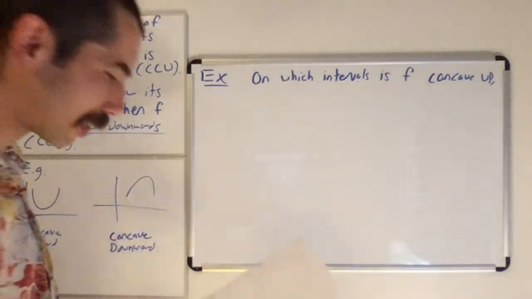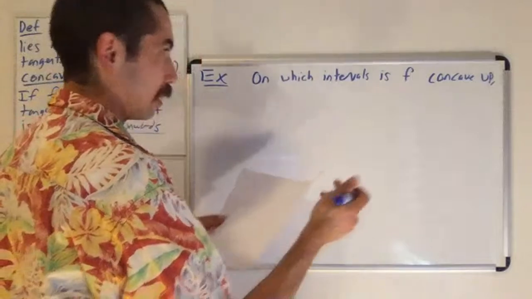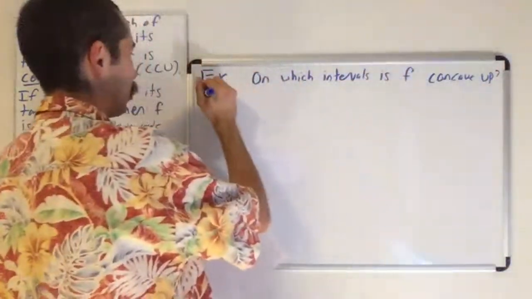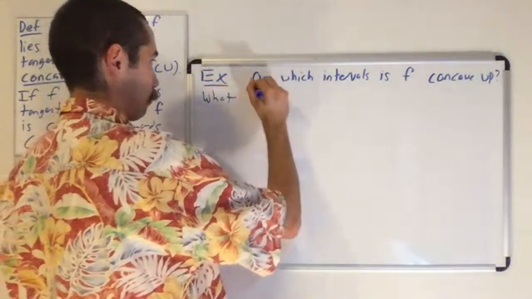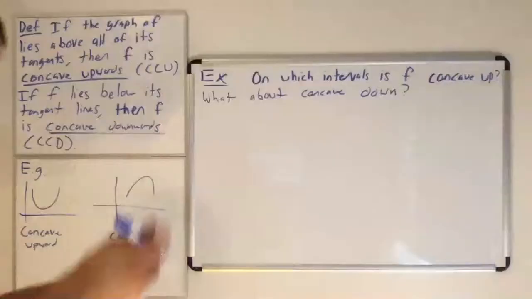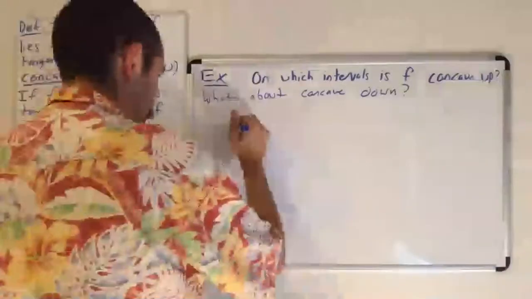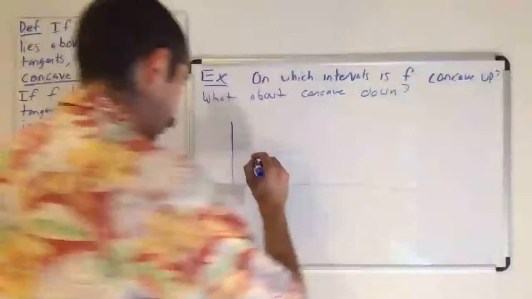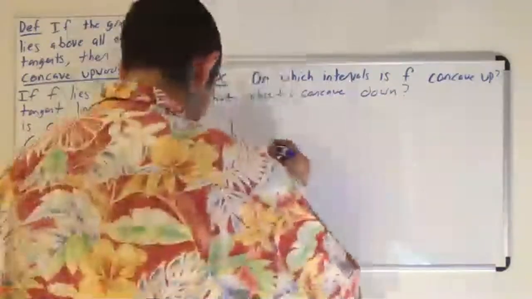It doesn't really matter. And then what about concave down? Okay, so that's going to be the question. I'll sketch out the graph. Okay, so we start. I'm just going to block it, and then you can see it when it's over.